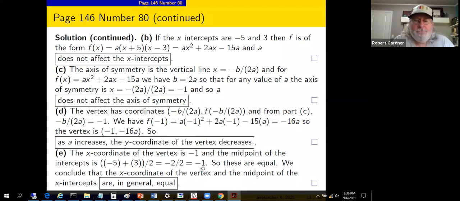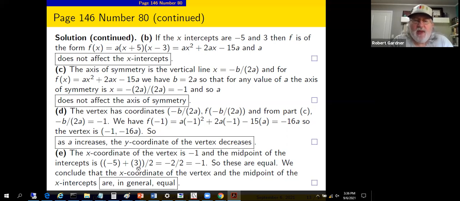The midpoint of the intercepts is the same as the x-coordinate of the vertex. Well, that makes pretty good sense. Think geometrically of what's going on here. X equals -1. It's the x-coordinate of the vertex. As a vertical line, it's the axis of symmetry.